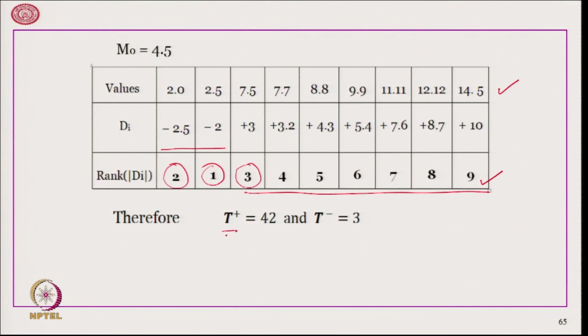Therefore, t plus is equal to the sum of ranks of all those which are positive, that is 3 plus 4 plus 5 up to 9, which comes out to be 42. On the other end, t minus is equal to 3, because it is the sum of 2 and 1.